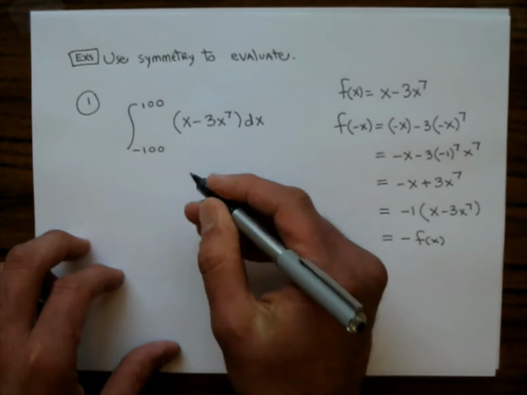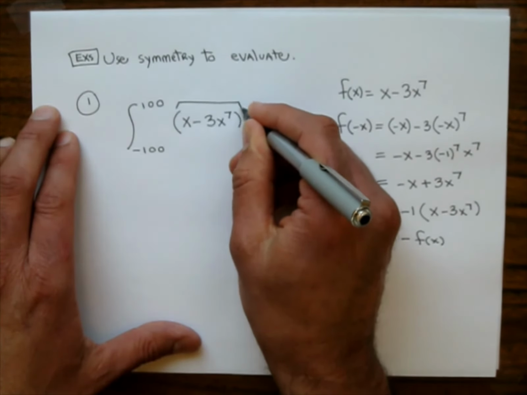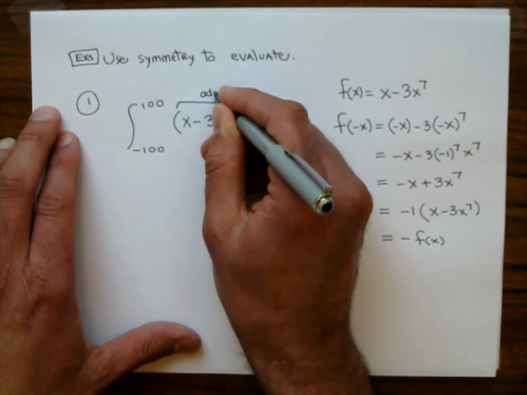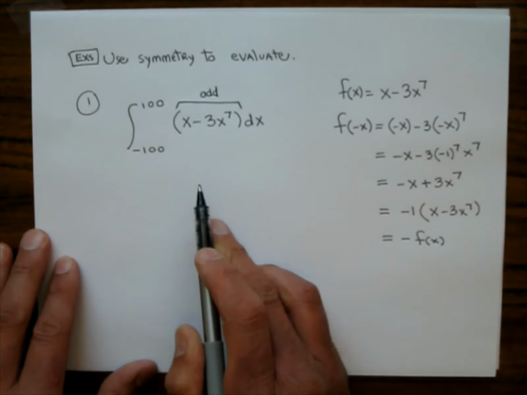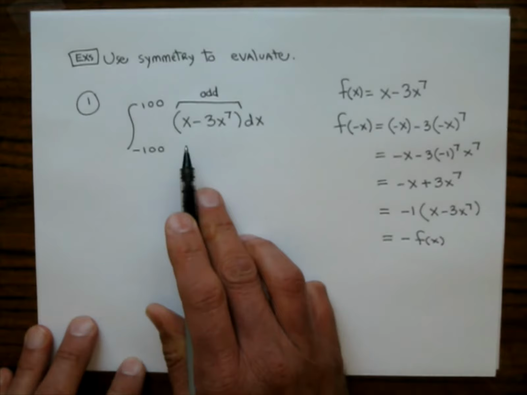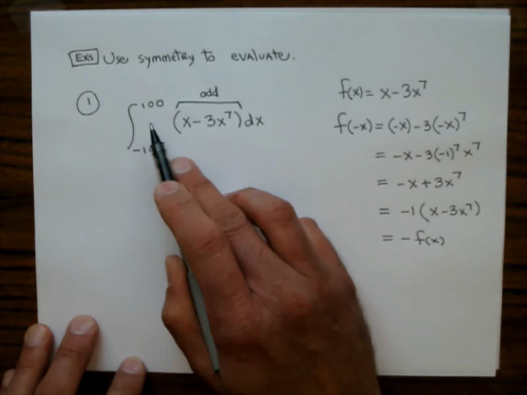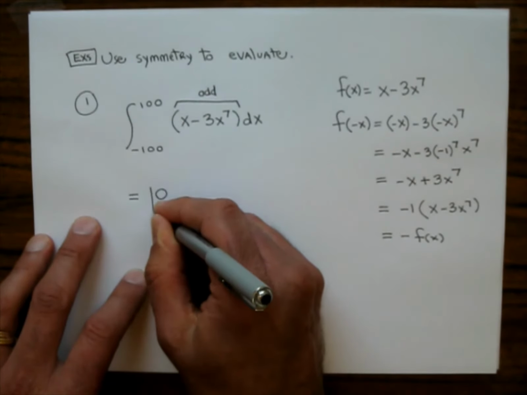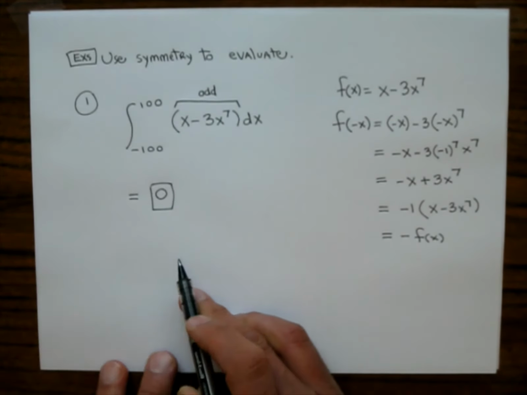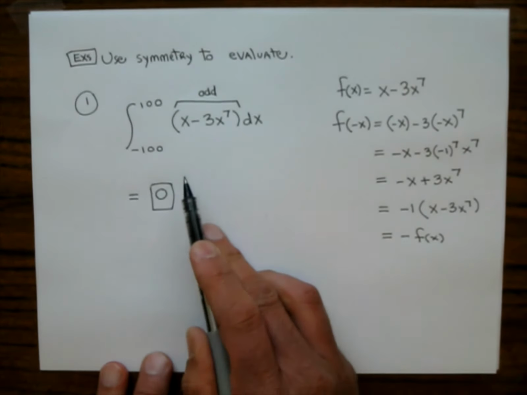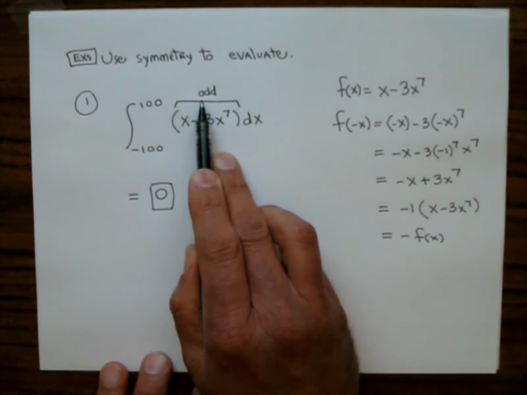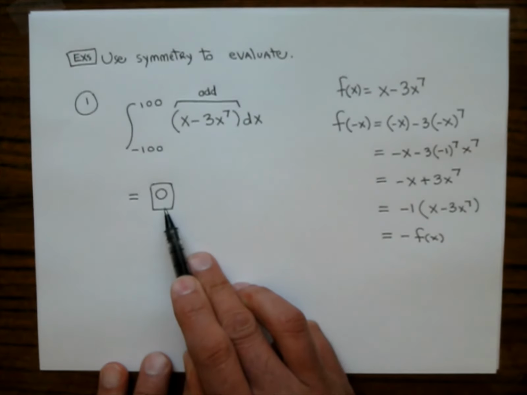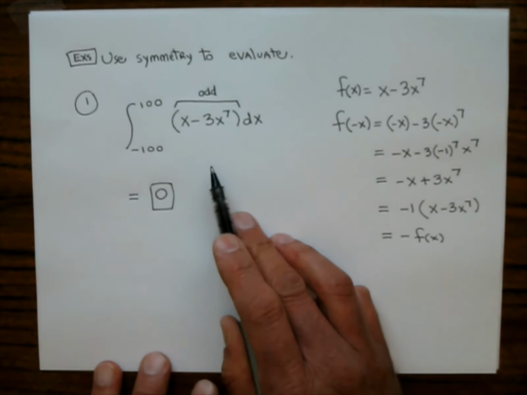Which tells you that this function right here is odd, has origin symmetry, and you're integrating it from negative 100 to 100, which means you're going to get 0. Okay? And a way you can remember that is that O looks like a 0. Origin symmetry. So maybe that's a way to jog your memory.